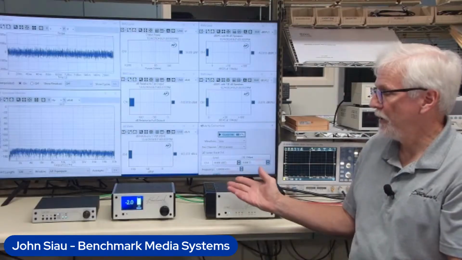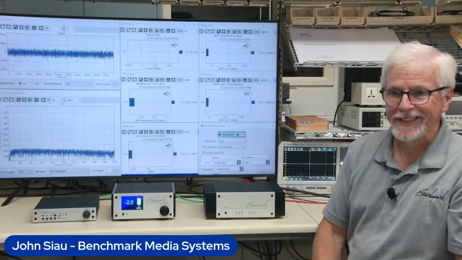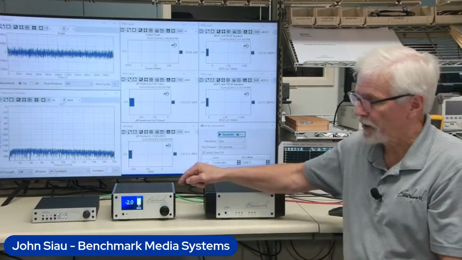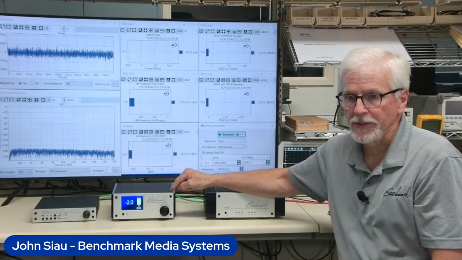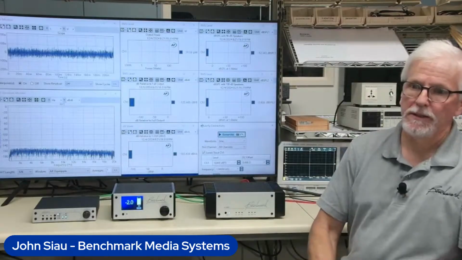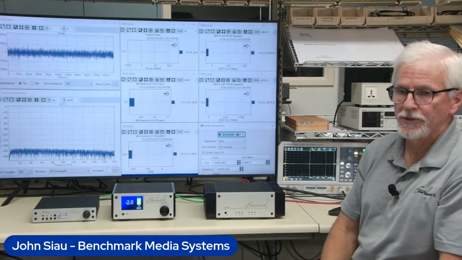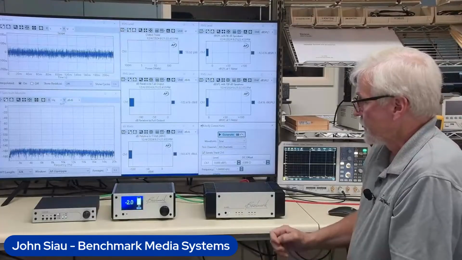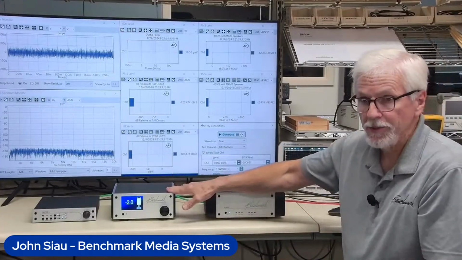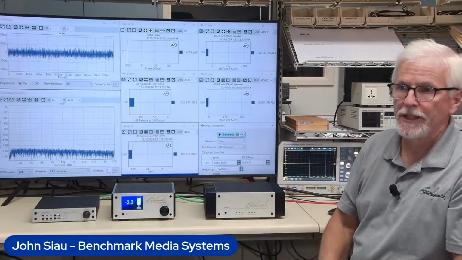So the LA4 didn't add any noise to the system, because the noise of this device is so much lower than the noise of the DAC that it passes the DAC signal through without adding noise to it. So now, can I use this to improve the performance of the system? And the answer is yes.